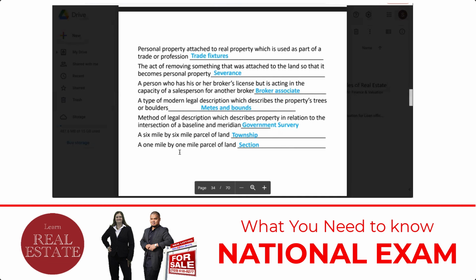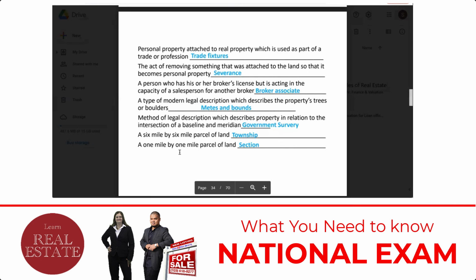Okay, a method of legal description which describes property in relation to the intersection of a baseline and meridian, or if it talks about checks or sections or townships. We know checkerboard pattern. We know those West Coast. We know those are all government survey.